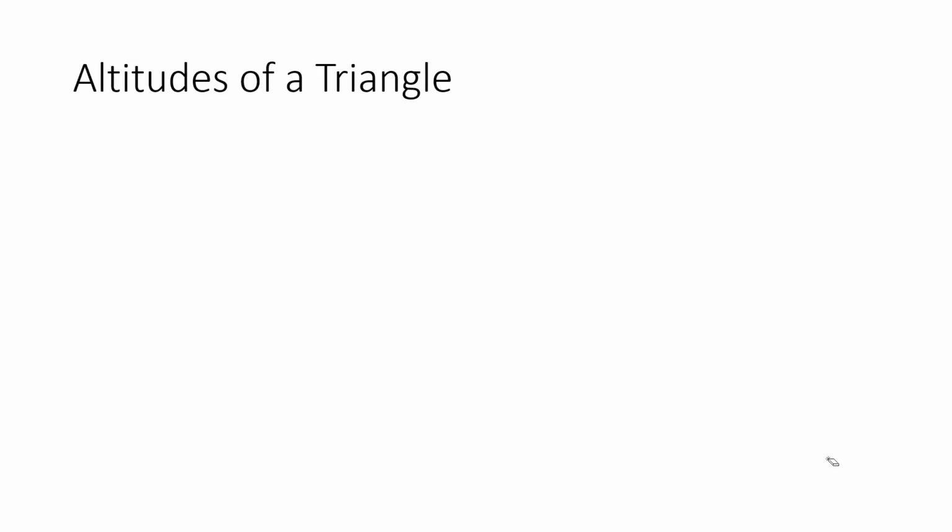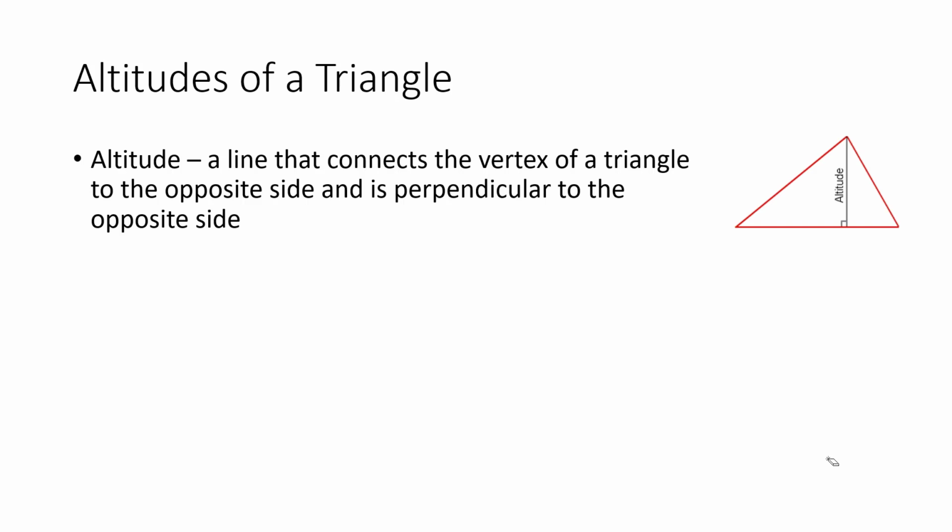I said there were 4 centers. The 4th center comes from the altitudes of a triangle. An altitude is a line that connects the vertex to the opposite side, and it's perpendicular. We had a perpendicular bisector at the beginning. That cut it in half and was perpendicular.